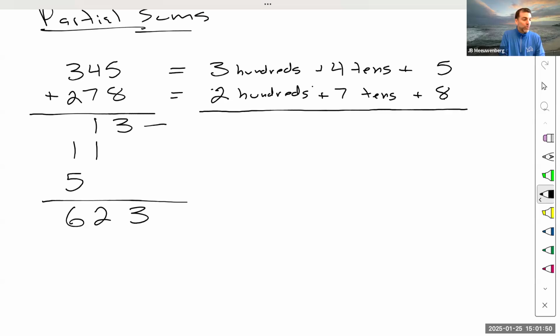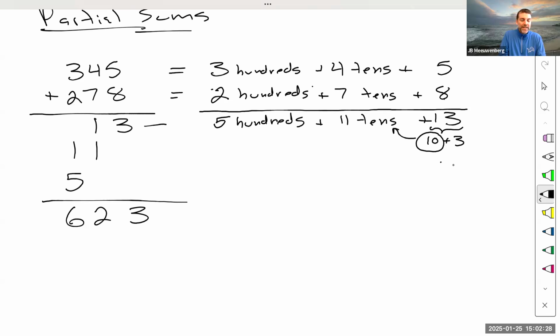Then when we add, and you can do it from left to right, it doesn't really matter, I'll add from left to right here. We've got 5 hundreds plus 11 tens plus 13. Well, then we have to start doing some of this regrouping, right? And so what you might notice here is that you have a 10 plus a 3, right? And so that immediately can be regrouped here.